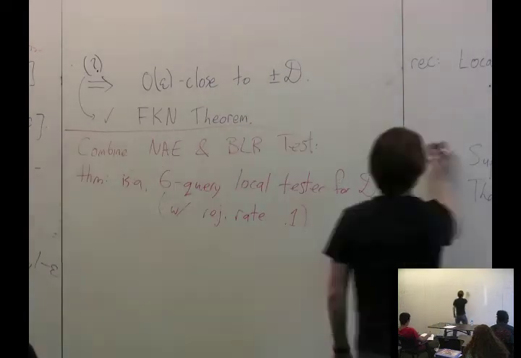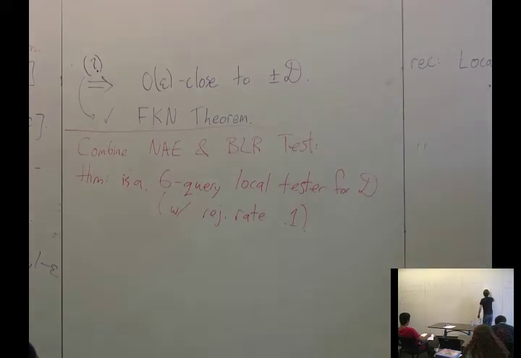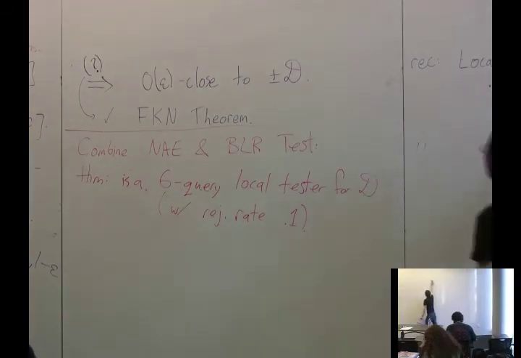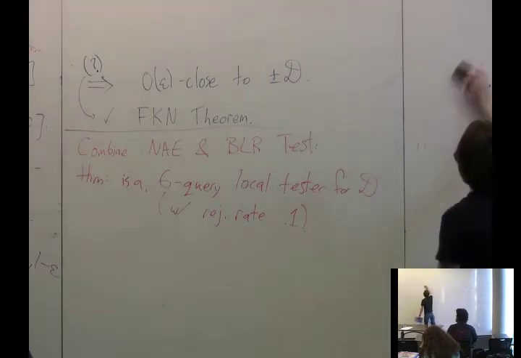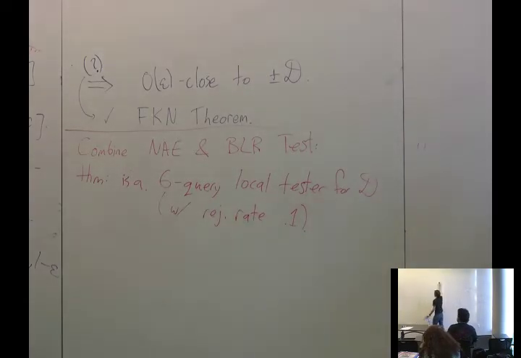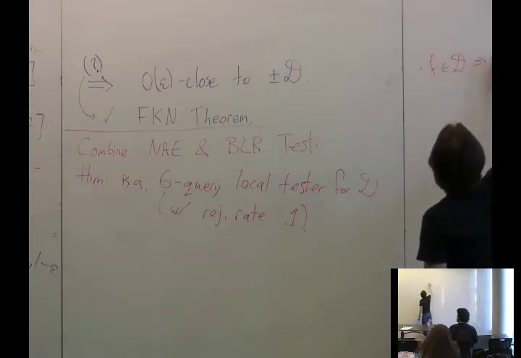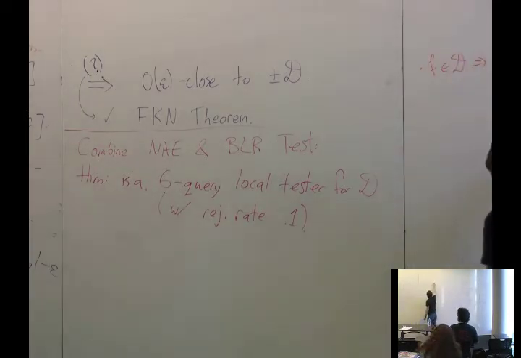Okay, so let me do the proof of this. If f really is a dictator, then this combined test will still pass with probability 1 because the two pieces both pass with probability 1. A dictator is, in particular, a parity. So the only thing we have to worry about is the opposite direction.